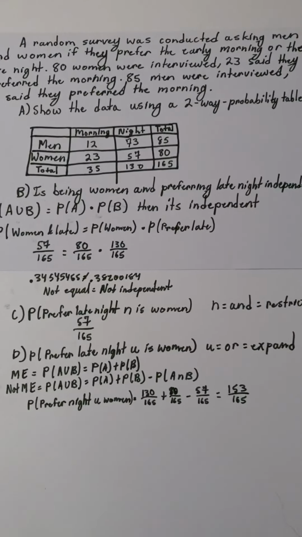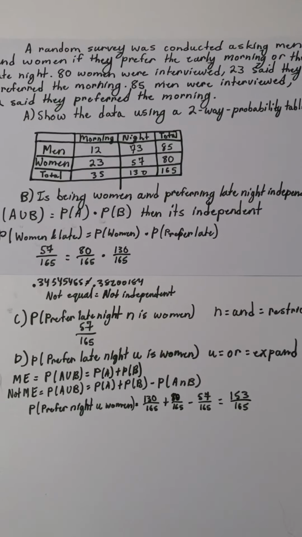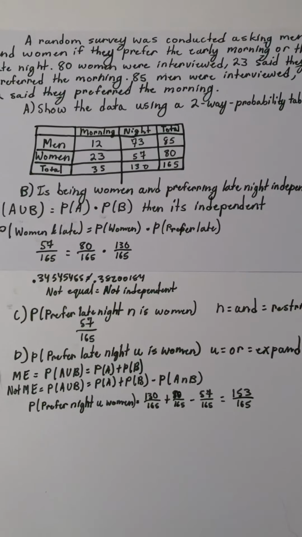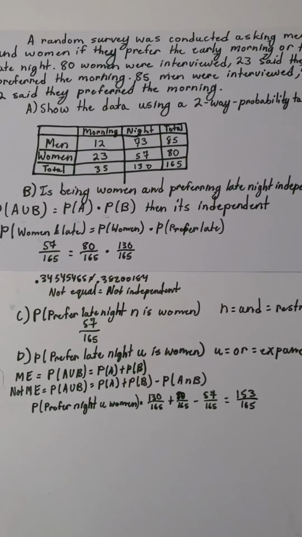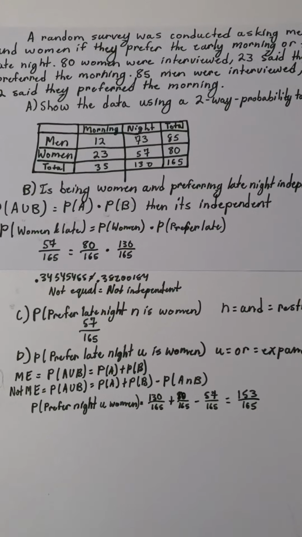But then for D, we are looking for the probability that they prefer the late night or they are a woman. And so for this, you're going to have to use another equation. There are two different equations for this one. It depends on whether or not the situation is mutually exclusive.